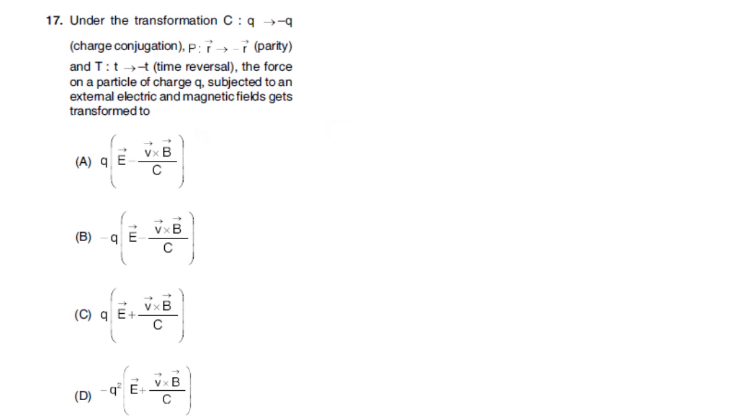So here the force on a particle of charge Q is given by F is equal to Q times E plus V cross B by C, that is velocity of the particle into magnetic field by C. And we know that under CPT transformation any conserved system remains unchanged. Therefore, this force also remains unchanged. Therefore, option C is correct.